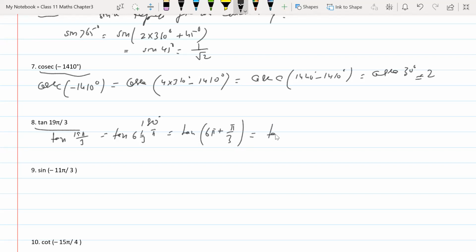Tangent 6 pi is 0, so it is tangent pi by 3, which is tangent 60 degree, and tangent 60 degree is root 3.